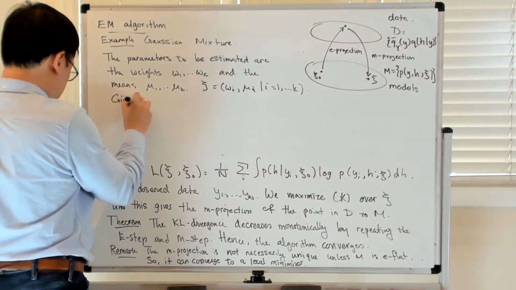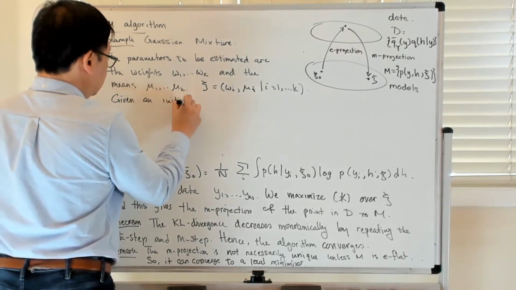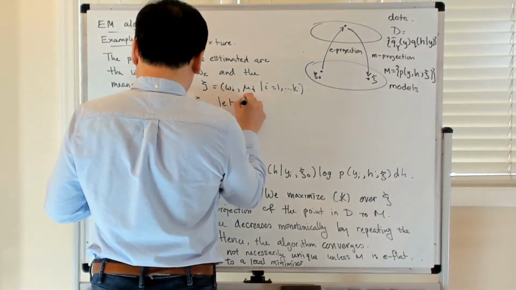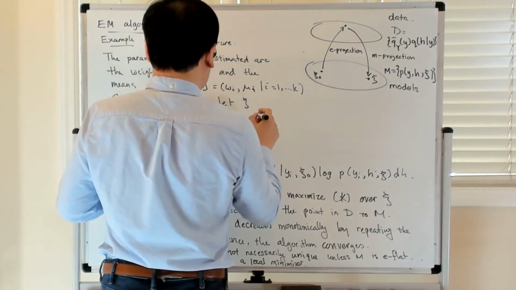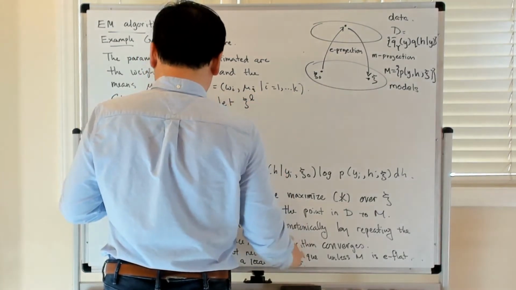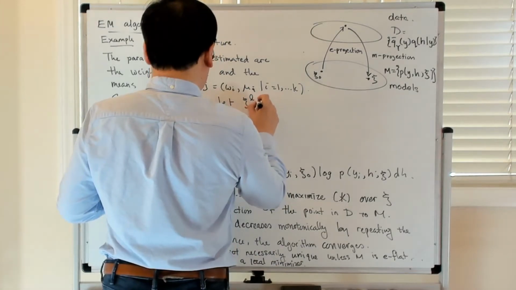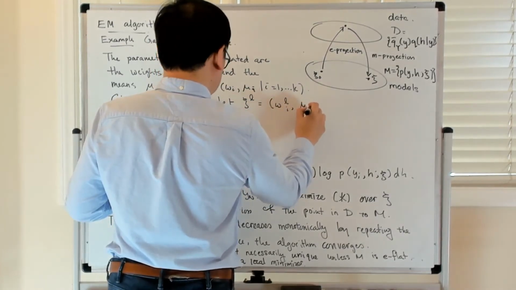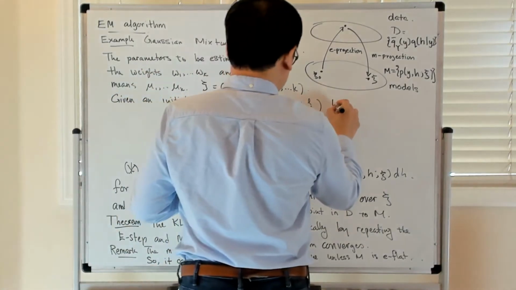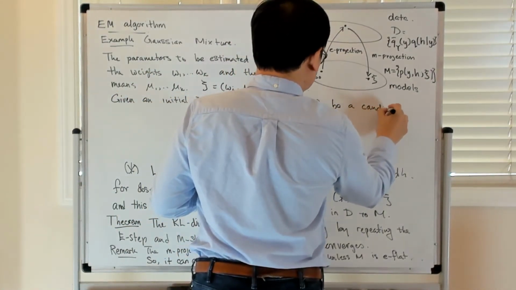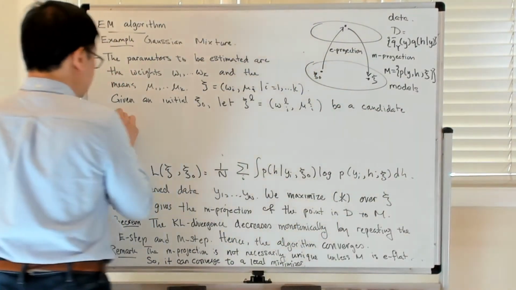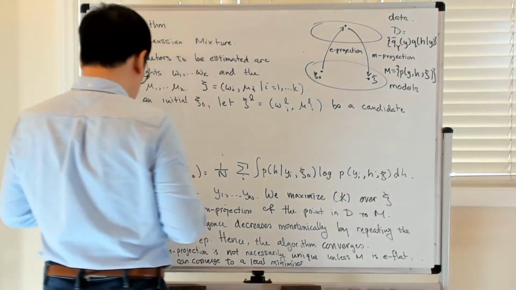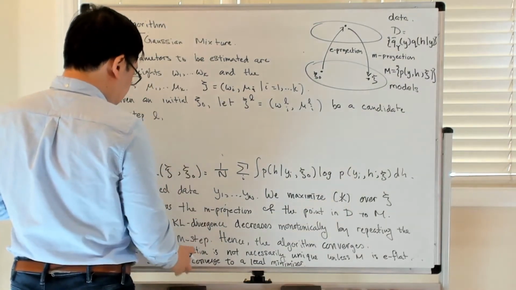So given an initial C0, you let C_L, which is W_L i, mu_L i, be a candidate at step L. So we need to do this E projection step.